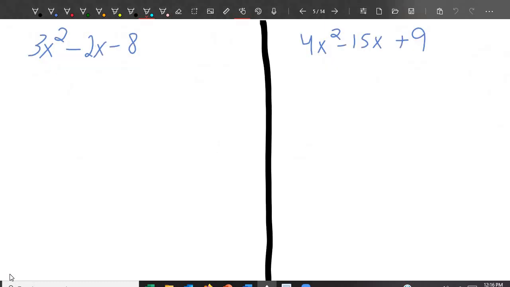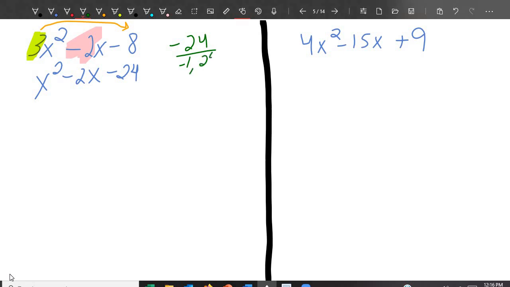Okay, this one, I want to do 2 more. Move this to the end with the -8. So we get x squared minus 2x minus 24. Now I've got a -2 in the middle, so I'm going to be looking for factors of -24 that add up to be -2. So -24, we got -1, positive 24, 1, -24, -2, 12, 2, -12, -3, 8.